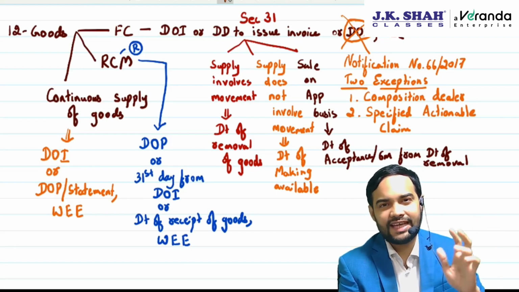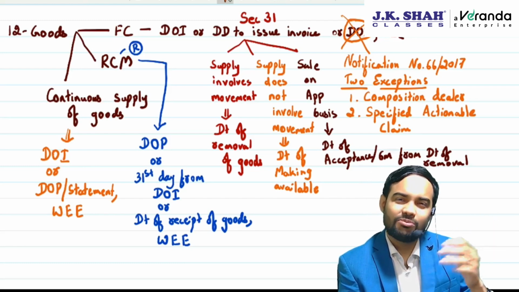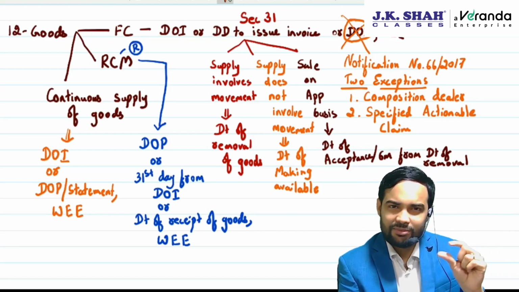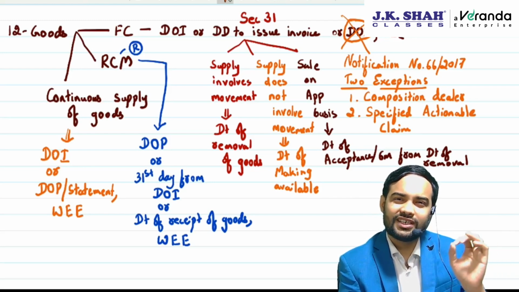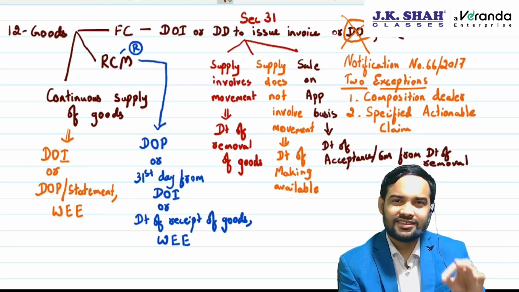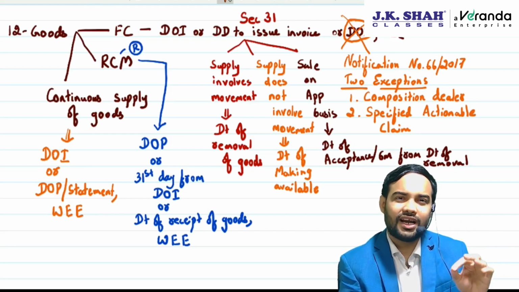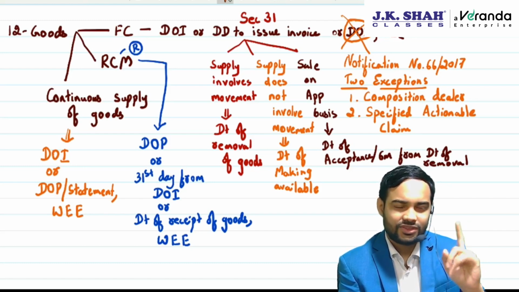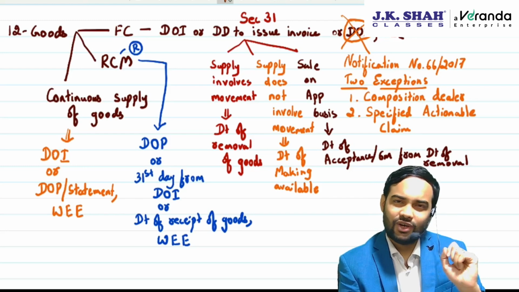Say suppose gas or LPG is being supplied on a continuous basis. Then one statement will be given that this much is the quantity which you have consumed. Then the recipient will confirm that yes, this is the quantity which I have consumed, and the tax has to be discharged on this quantity. So that is the meaning of statement.